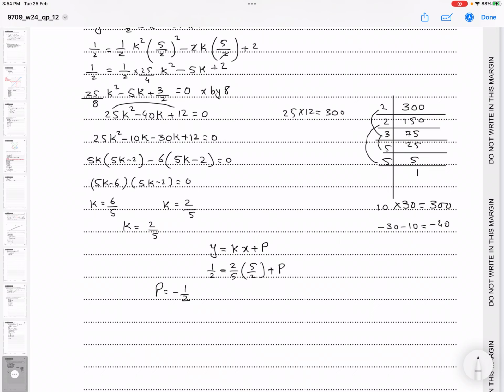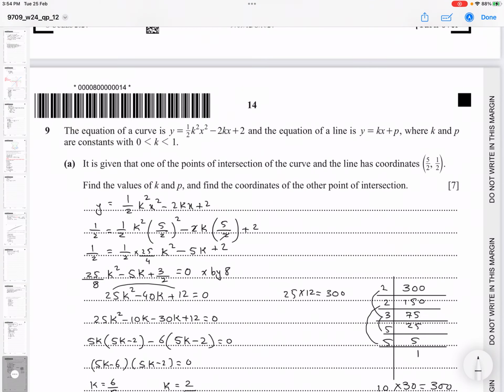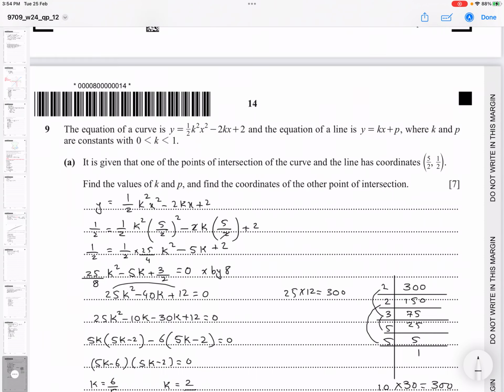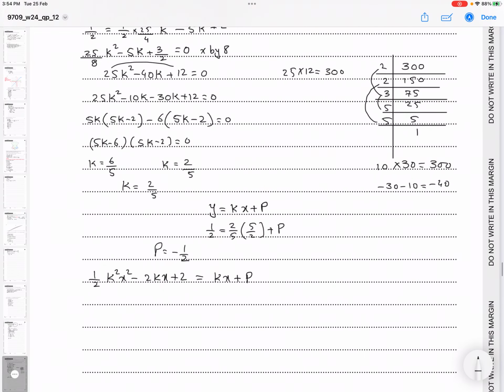Now 1 over 2 k squared x squared minus 2kx plus 2 is equal to kx plus p. I'm equating these two equations as the line and the curve cross each other.